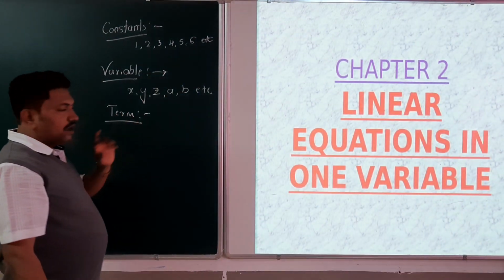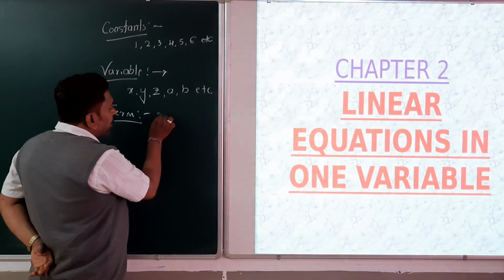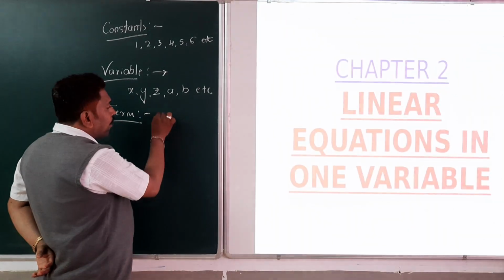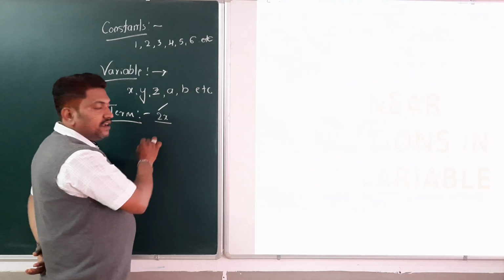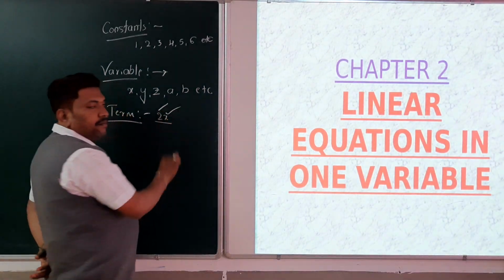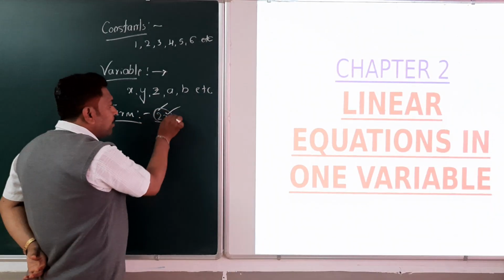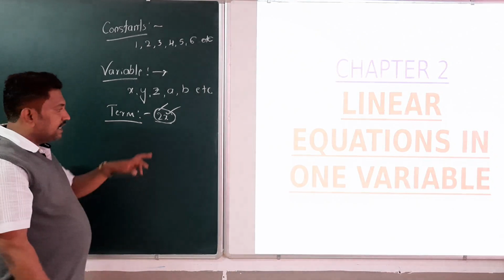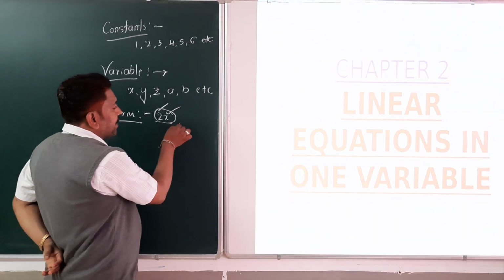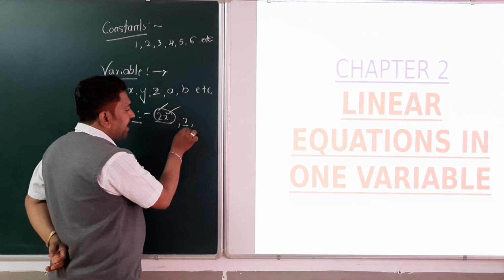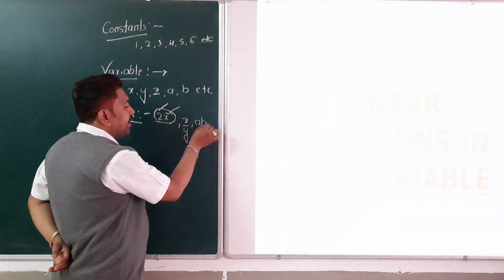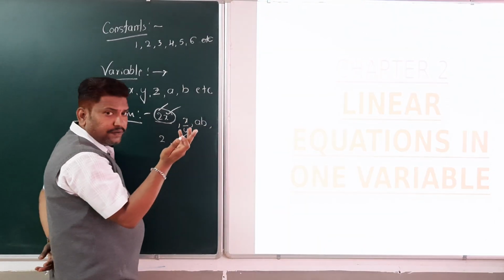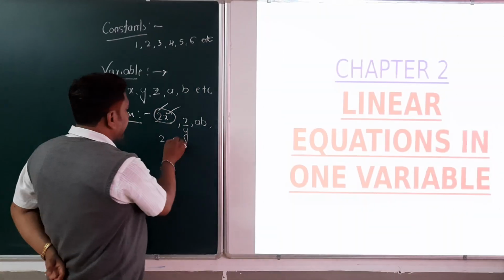For example, 2x is a combination of a numerical fact and a variable, but it is considered only one term. Or you can say x by y, or ab, or 2. 2 also you can consider a term.